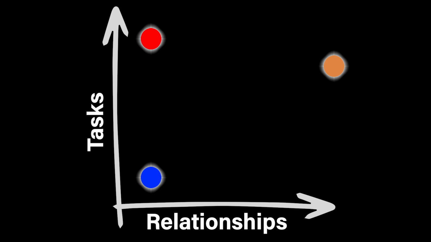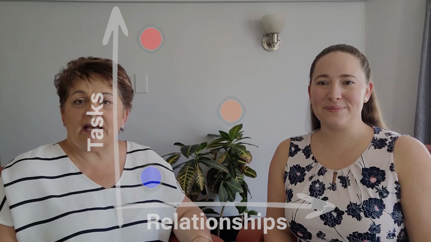So the compromisers, they're sitting right in the middle. Their focus on tasks is medium. Their focus on relationships, medium. So that's that dot right in the very center.